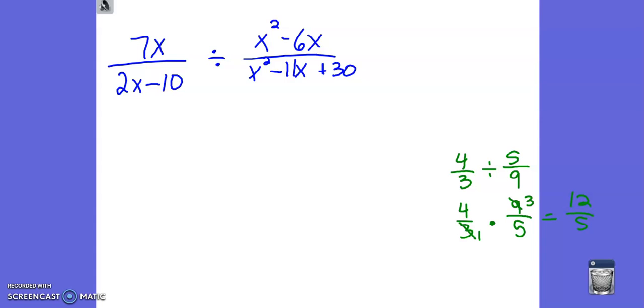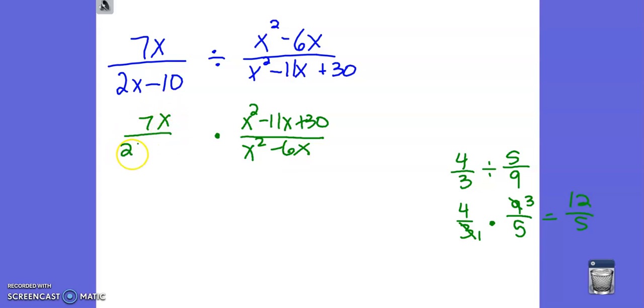So that's what we're going to do here. We're going to literally change that division sign to multiplication and then flip the following fraction. So that's the first step: switch it from division to multiplication and then flip the following fraction.